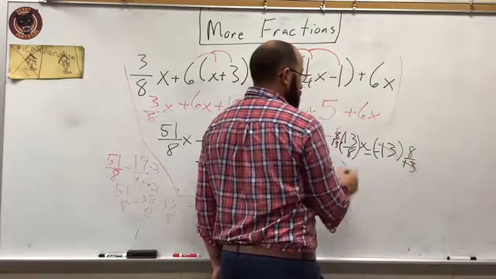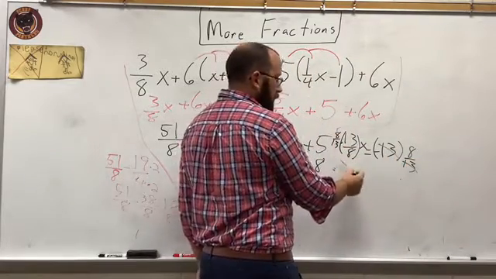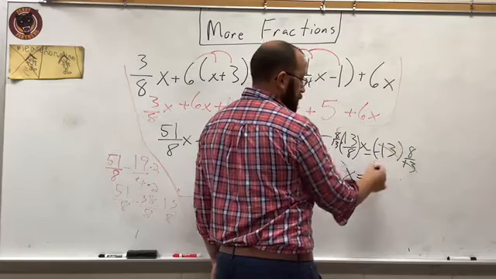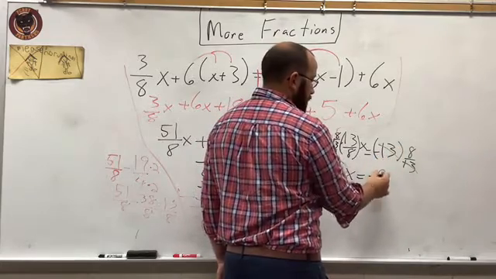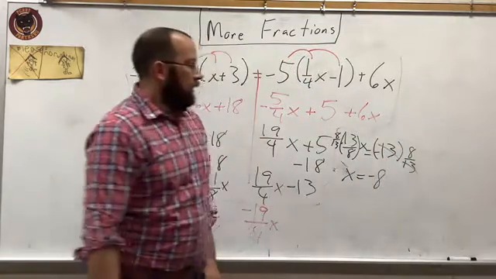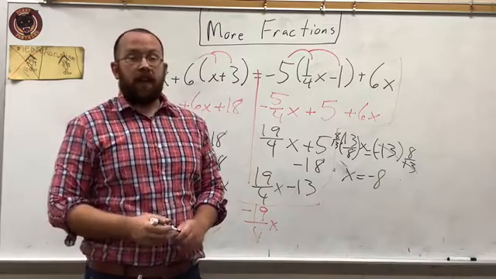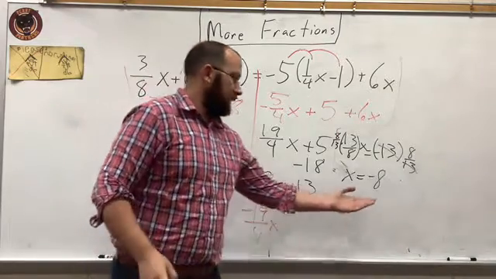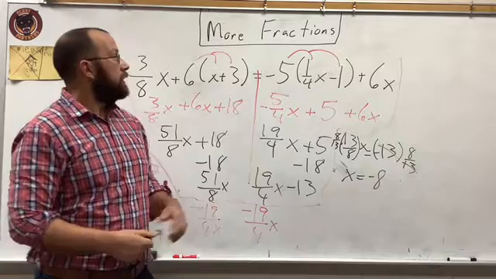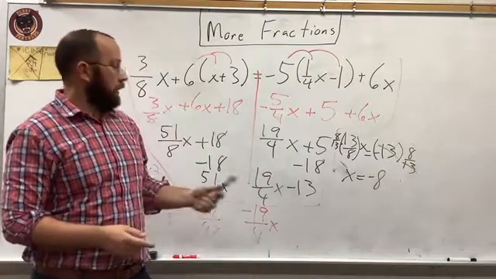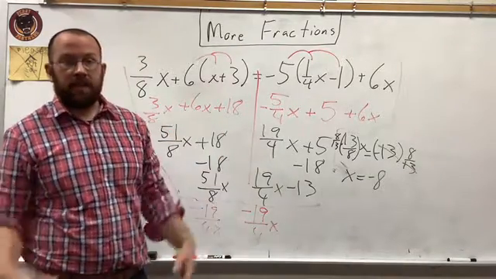Those cancel out. Those cancel out. It gives you x equals, that's negative, so negative 8. All of that to get x equals negative 8. We plug it back in, it should work. I'm not going to. That's the answer.